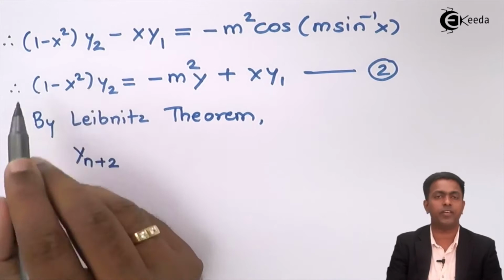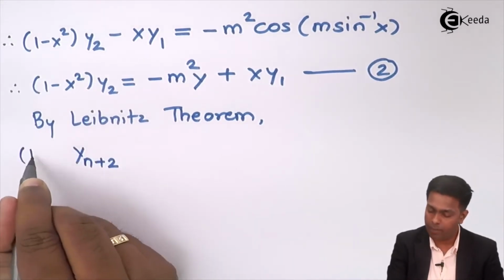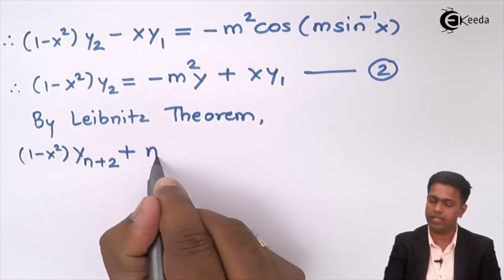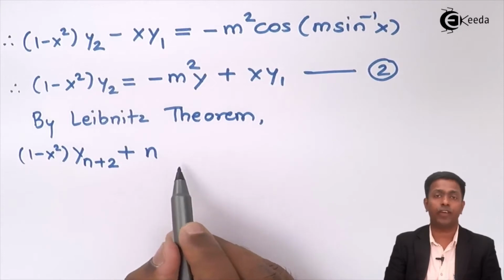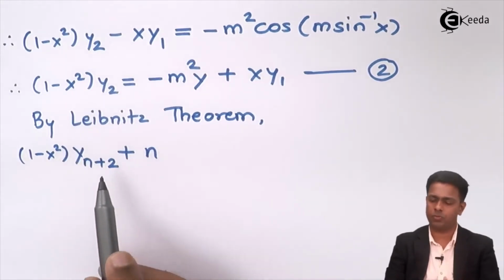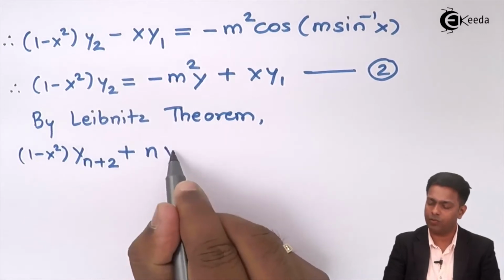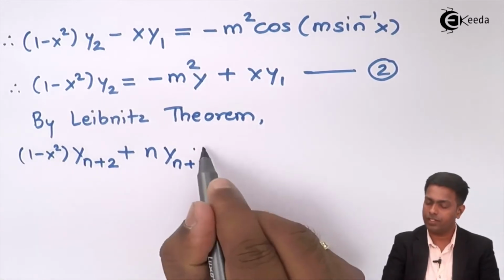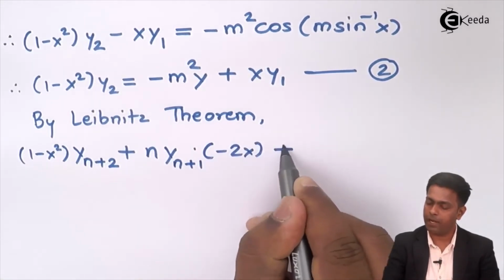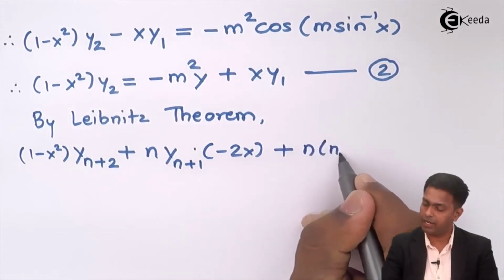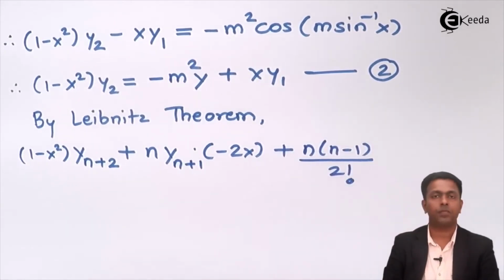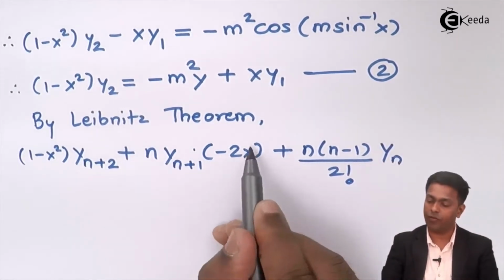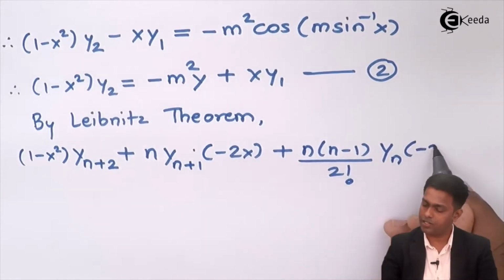This function will behave as v, so this 1 minus x square as it is, plus next is n, then u of n minus 1, that is the derivative just previous to this, so that derivative is y of n plus 1 into v1. v1 is the derivative of v, which is minus 2x, plus we will get n(n minus 1) upon 2 factorial, then the derivative previous to this, that is y of n, then the derivative of v1, that is minus 2.